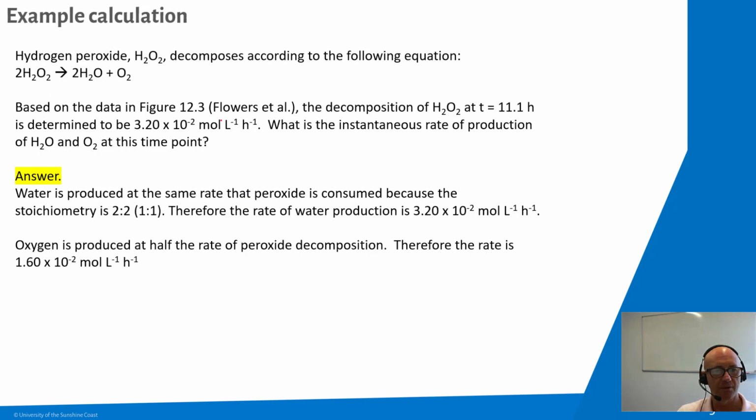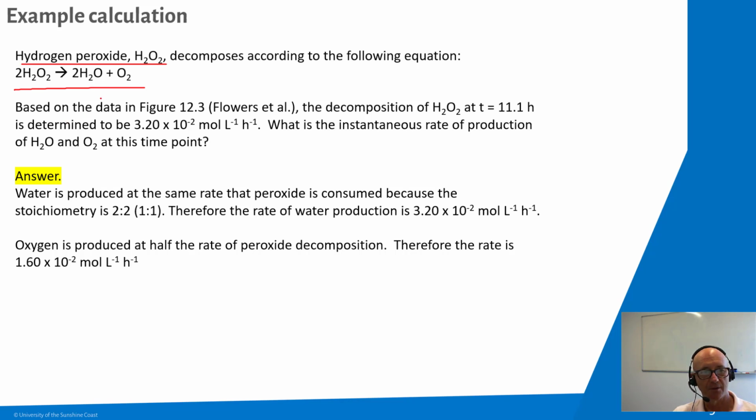Now here's an example of how this would work. You've got material here, hydrogen peroxide. It's decomposing according to this equation here. You can notice, I hope, straight away the equation's balanced. And that's reflecting the stoichiometry of the reaction, of course.